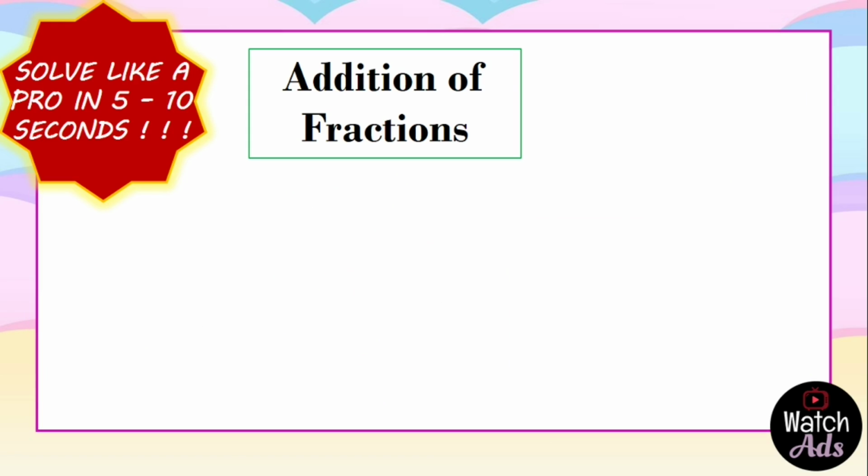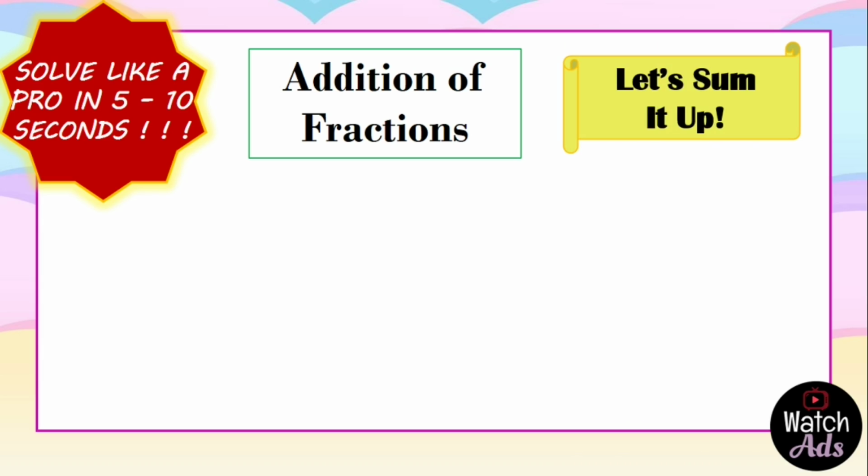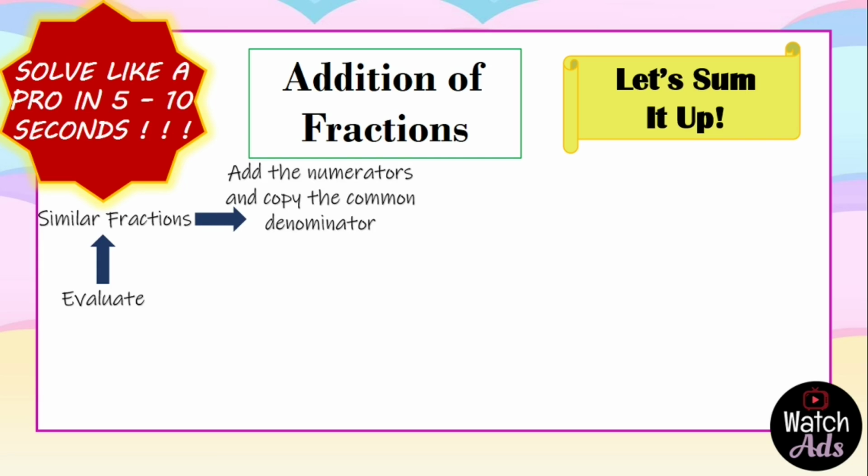Now, before we end our short video, we want to sum it up for you to better understand and remember our steps. First, we evaluate or we examine the fractions. If they are similar fractions, then we add the numerators and copy the common denominator.